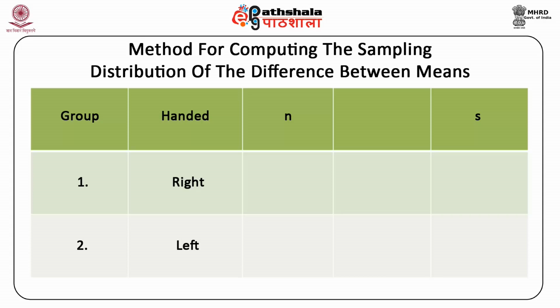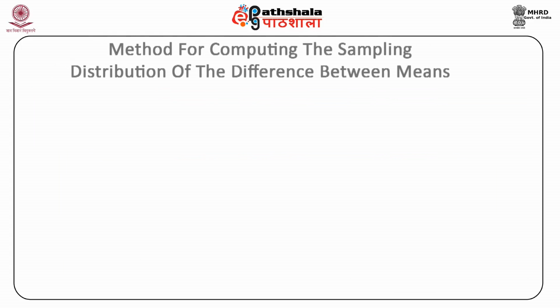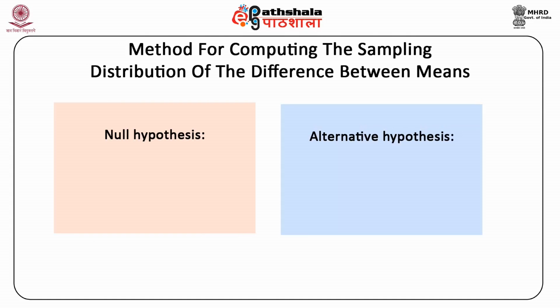The mean of the right-handed group is 55.8 and that of the left-handed group is 59.3. Here we have the null and alternative hypotheses: null hypothesis H naught is mu1 equal to mu2, or H naught: mu1 minus mu2 is equal to 0.